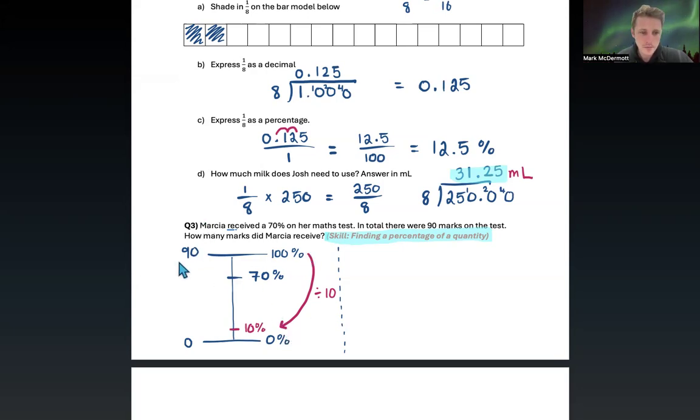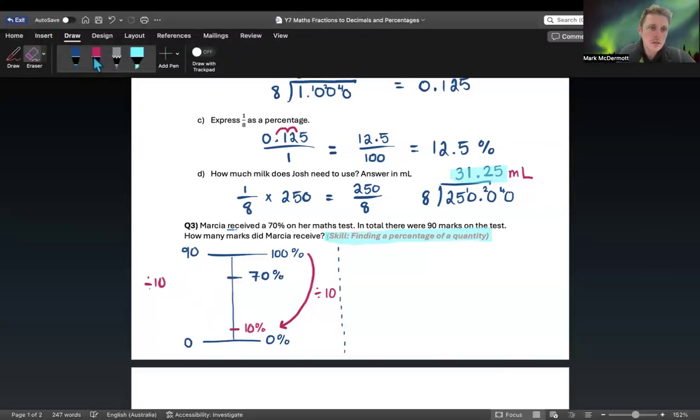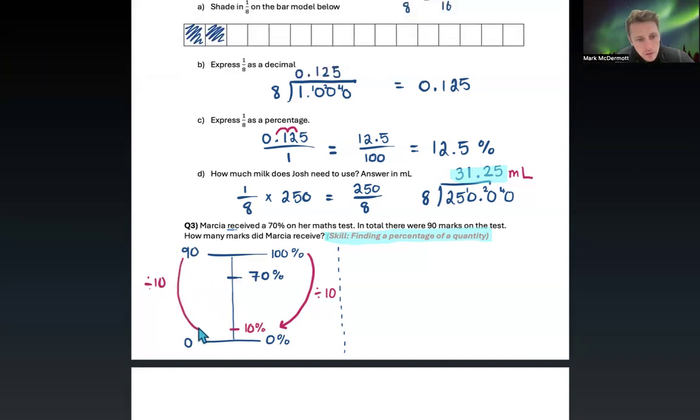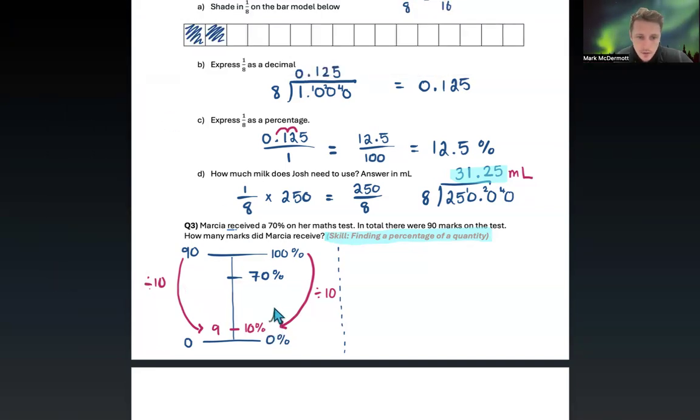So let's work out 10% of 90. That means we need to divide this side by 10, so this must correspond to 9. So 10% of 90 is 9. Now we need to get up to 70%. To get from 10% to 70%, you must multiply by 7.